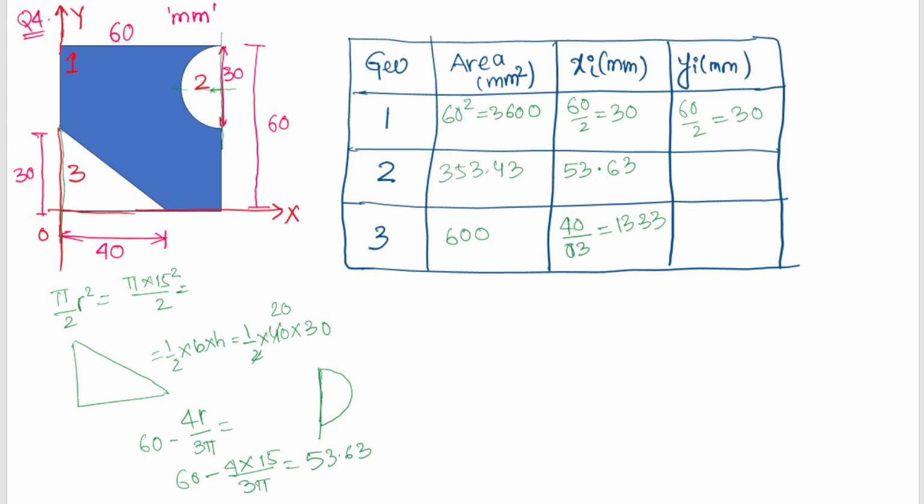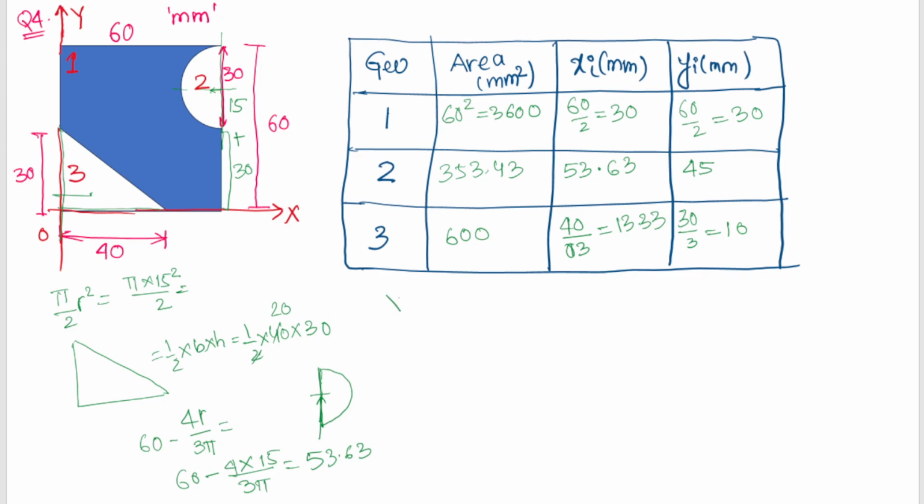If this dimension is 30, then for the semicircle the centroid lies at the radius. The radius is 15, so the entire distance is 15 plus 30, which is 45. For geometry 3, from the base it is again 1/3 the height. The height is 30, so 30 by 3 is equal to 10.